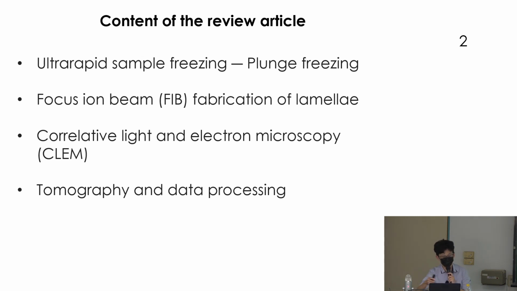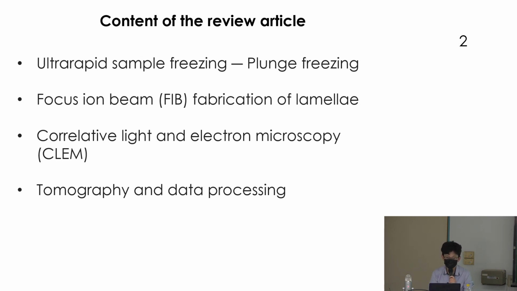So here it contains several topics. First, it will show you how to prepare a cryo sample using the plunge freezing. And then, because the sample is too thick, we need to thin down the sample. We'll use the focused ion beam, or FIB, to create this very thin sample called lamella.